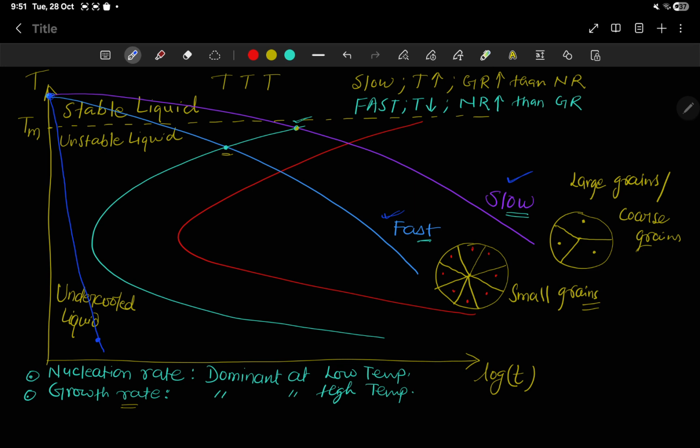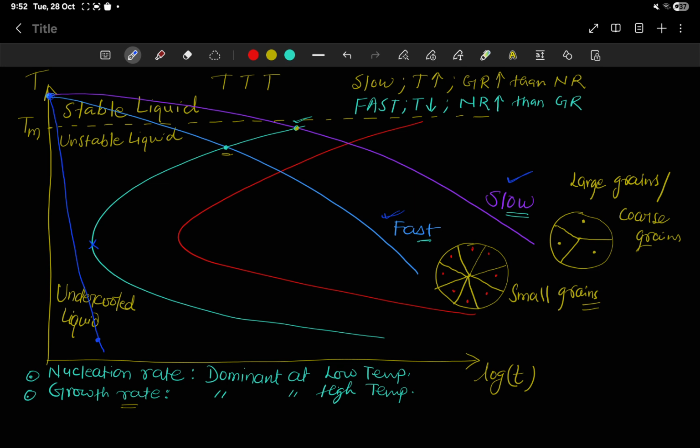Now you can see here the cooling is so fast, right, that it is not touching the nose of the C curve. This is the nose of the C curve. So if this line is not touching the nose of the C curve, what does it mean? It means that in this region there will be no solid transformation, right?